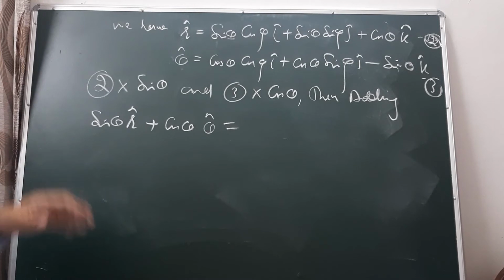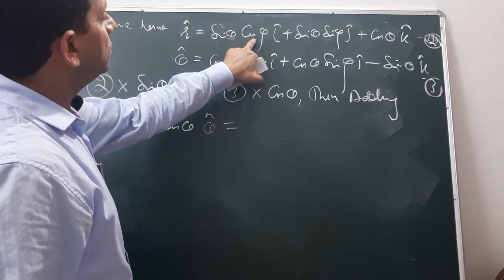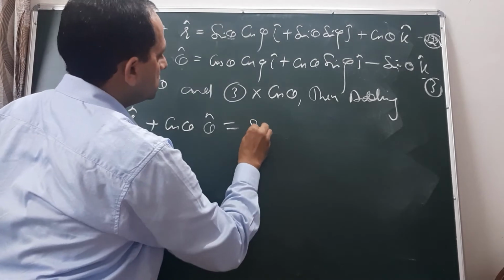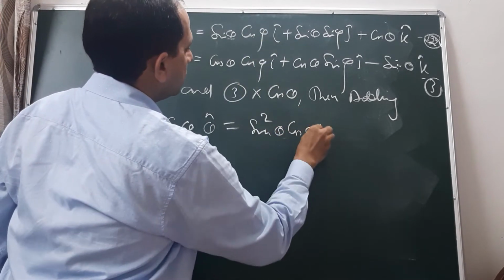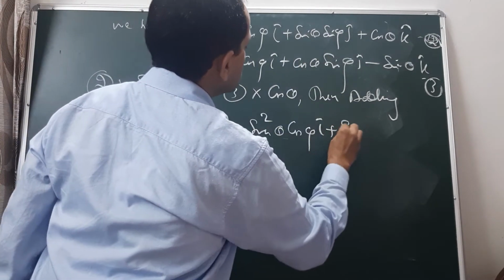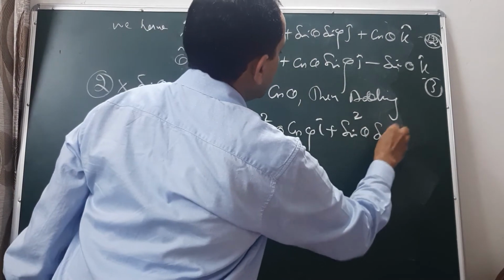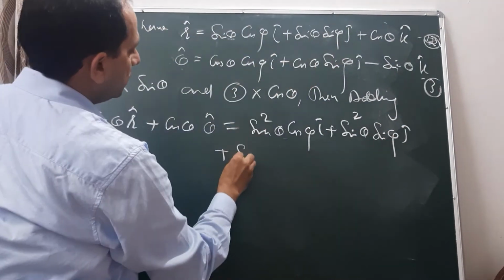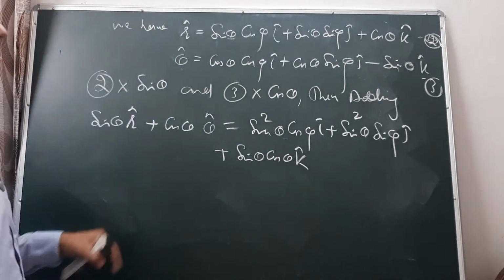This is the result on the left hand side, and similarly on the right hand side, multiplying this equation with sin theta, it will become sin square theta cos phi i, plus sin square theta sin phi j, and last plus sin theta cos theta k.